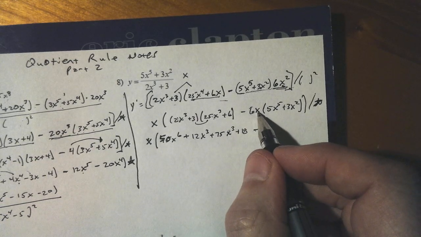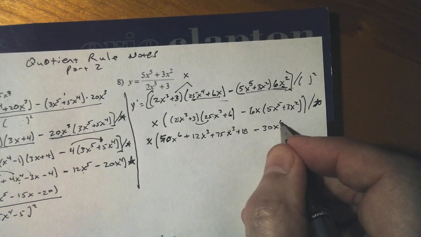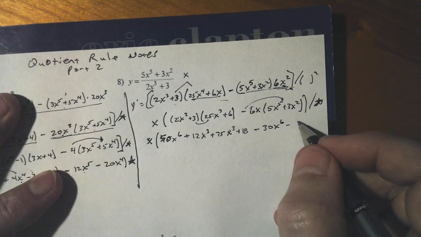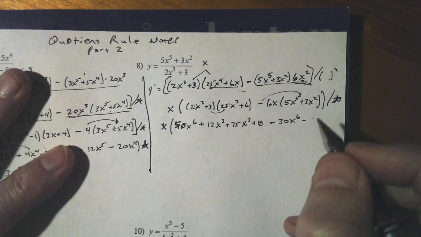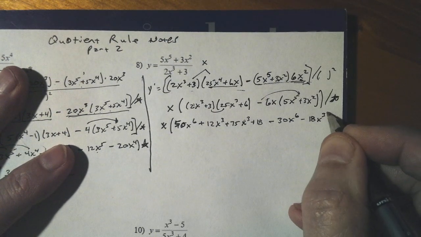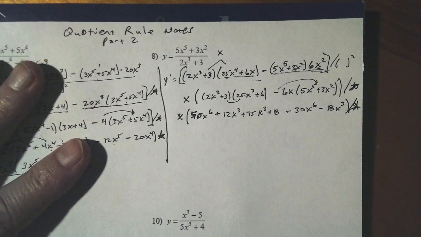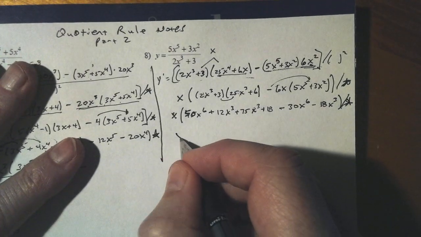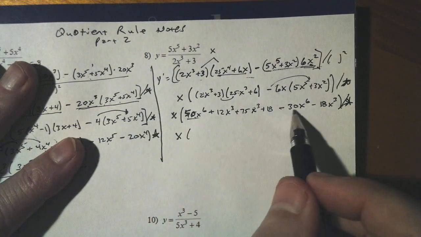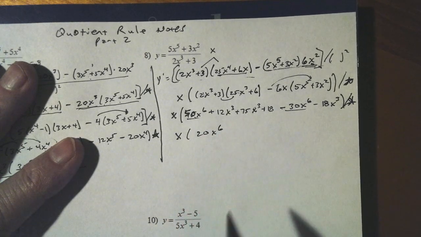minus, when I distribute here, I get 30x to the 6th minus, negative distributes in, lots of chances to make that mistake, minus 18x cubed, all on star. So I get x to the 6th, 50 of them minus 30 of them, 20x to the 6th.